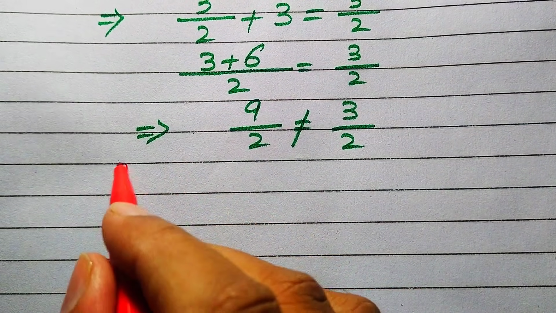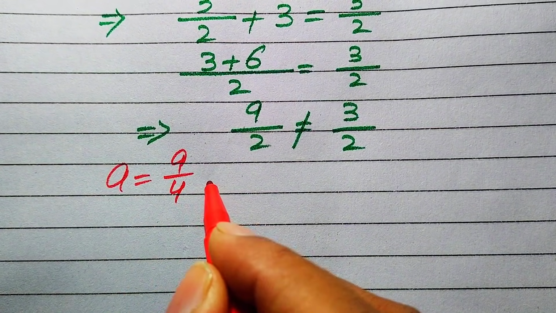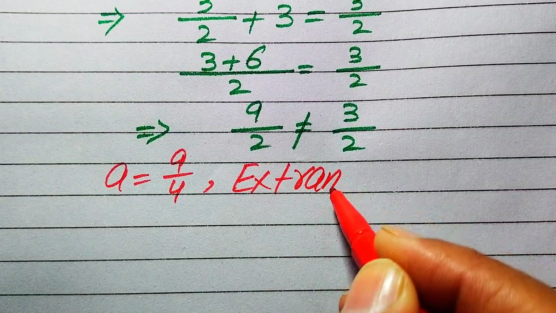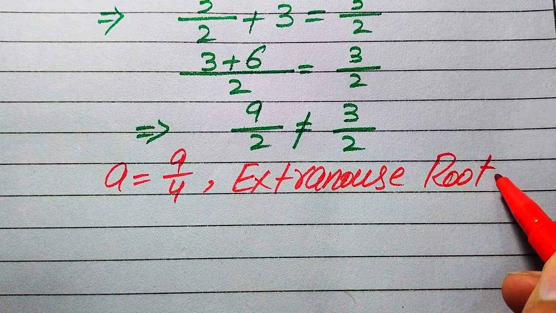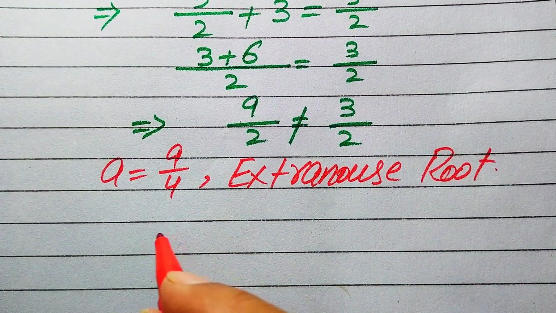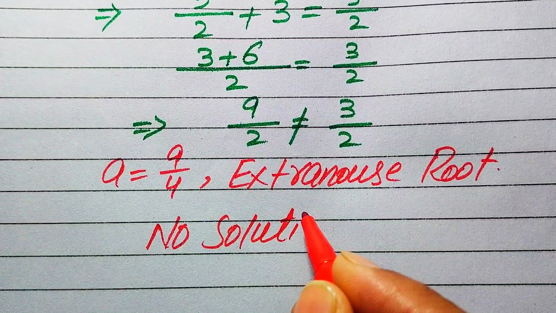So we call a equals 9 over 4 an extraneous root of the given equation. Here we cannot get any value of a which satisfies our given question statement, so we say that our given question has no solution.